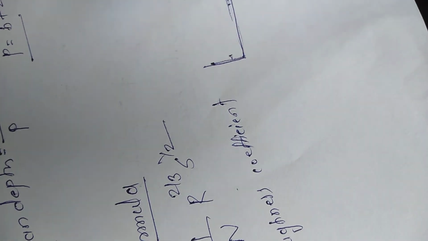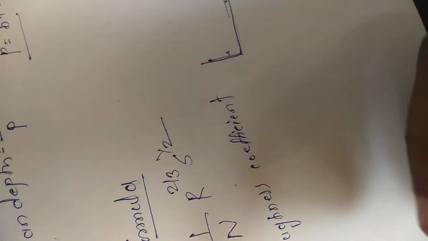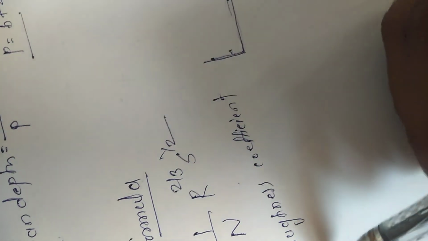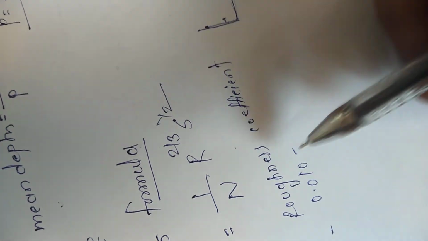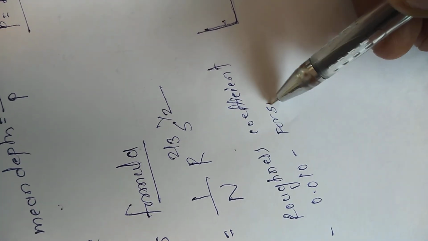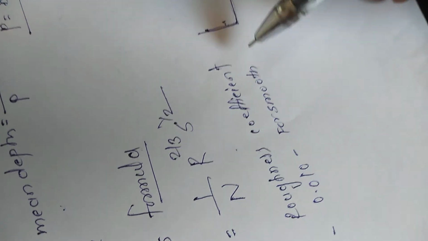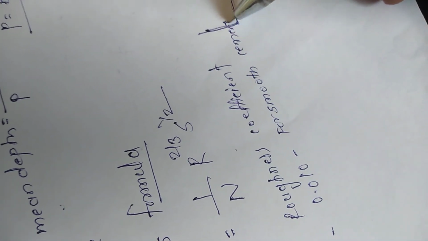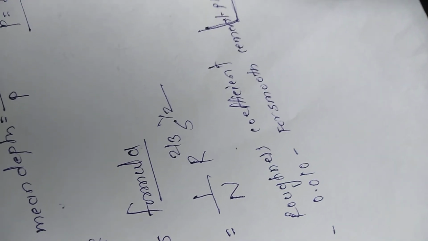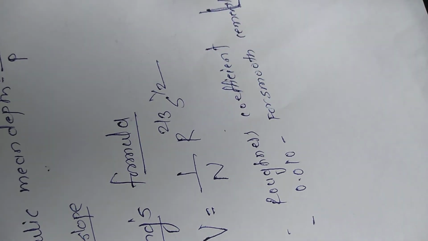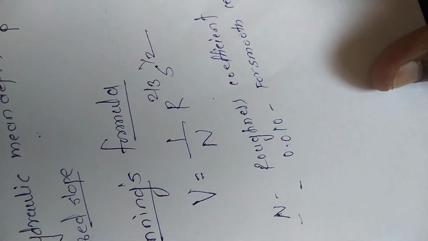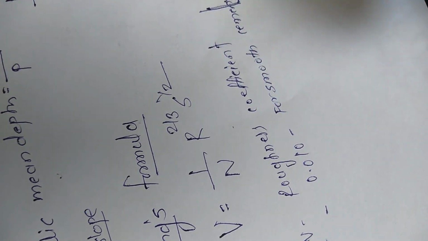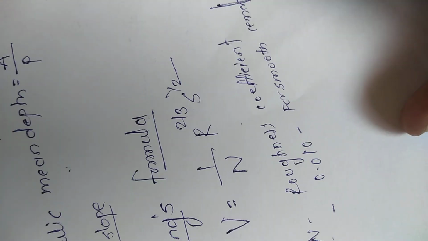For example, if smooth cement plaster is used for lining, then n is considered as 0.010 for smooth cement plaster. In the MSBT exam, n is directly given, that is, which type of material is used and the roughness coefficient is directly given.